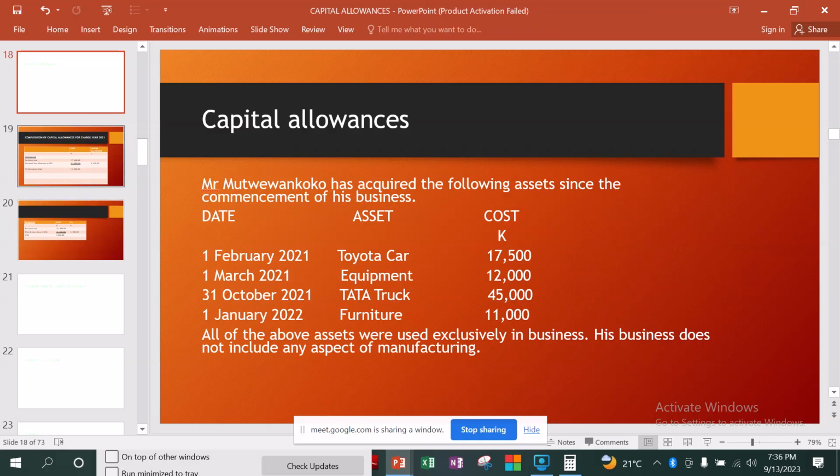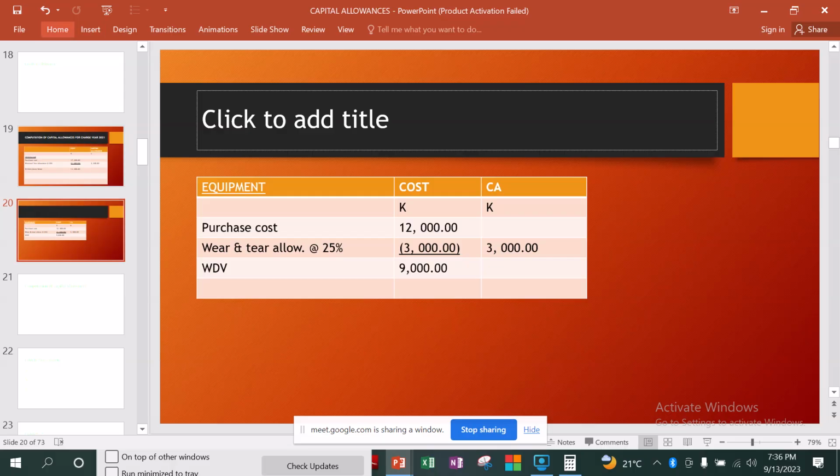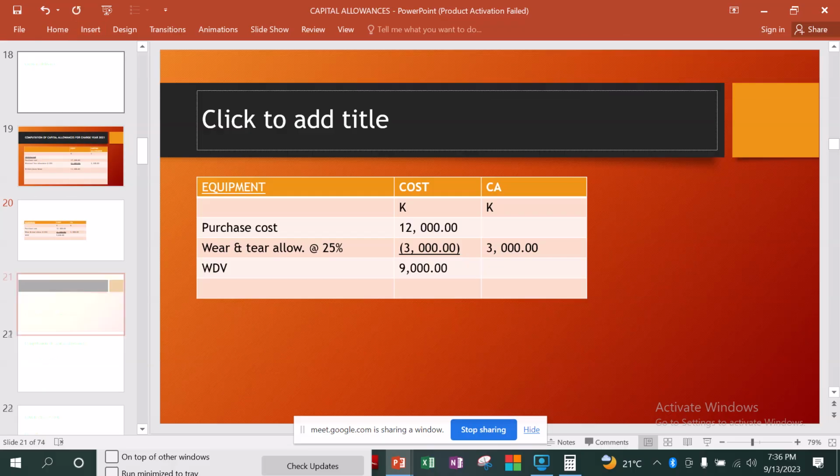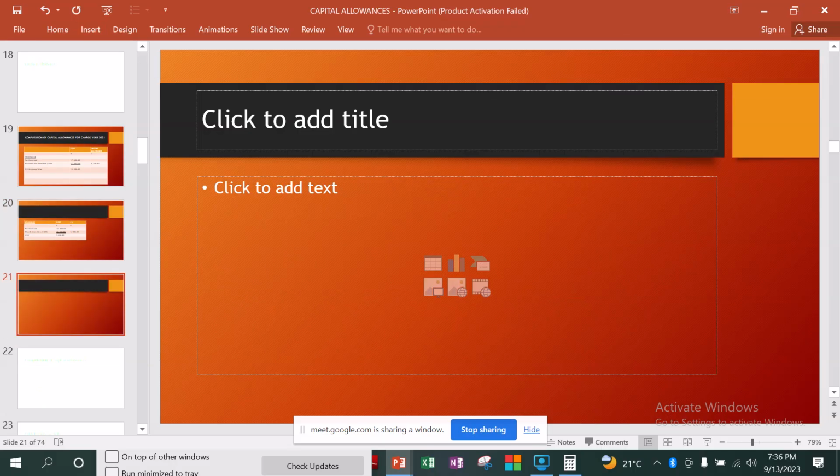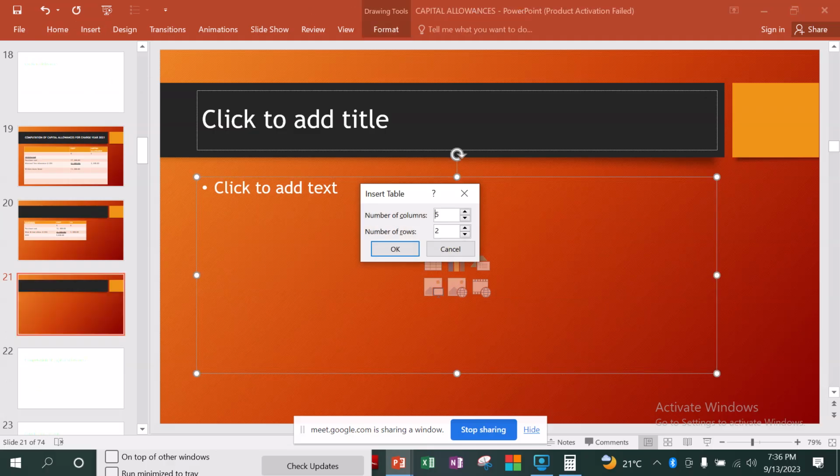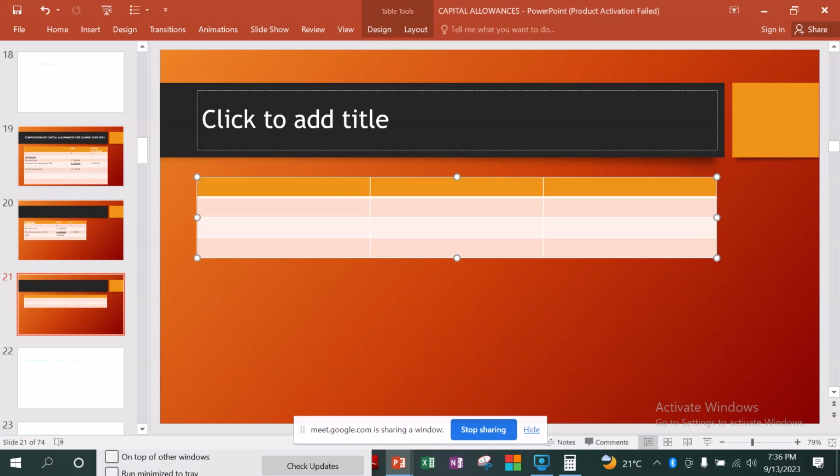So in a similar manner, you come, okay, open. And that is now Tata Truck.